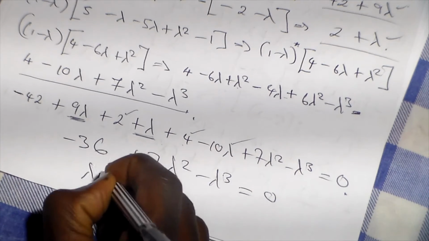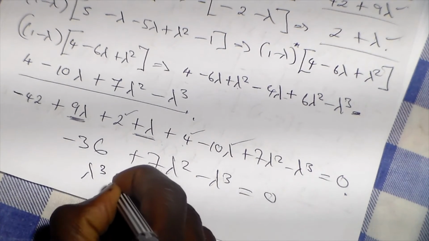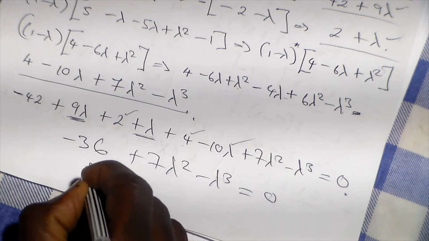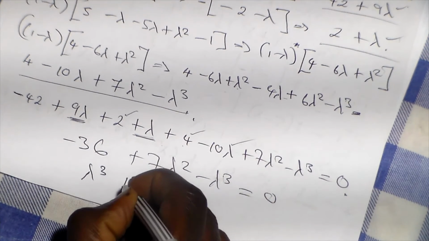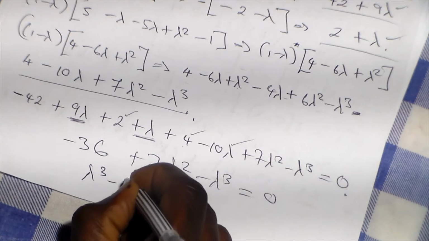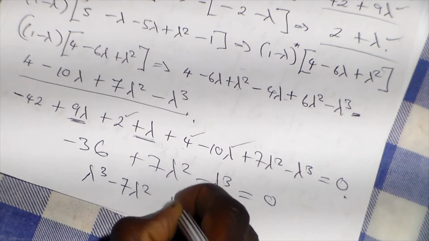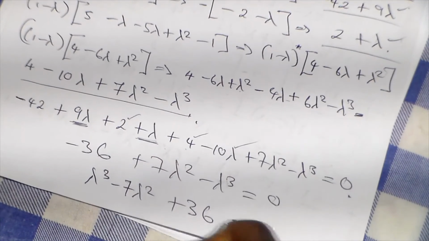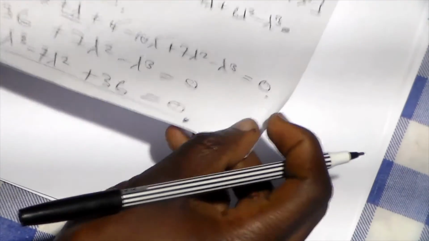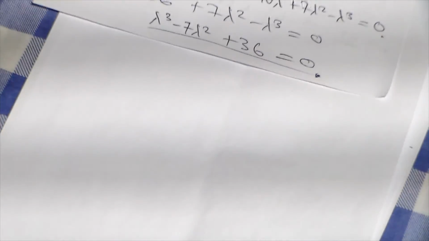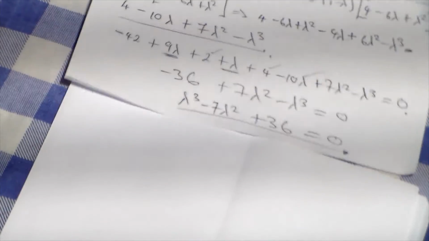Expressing this characteristic equation as a positive of the highest power of lambda, we get lambda cubed minus 7 lambda squared plus 36 equal to 0. This is my characteristic equation from which I'm going to get the eigenvalues.